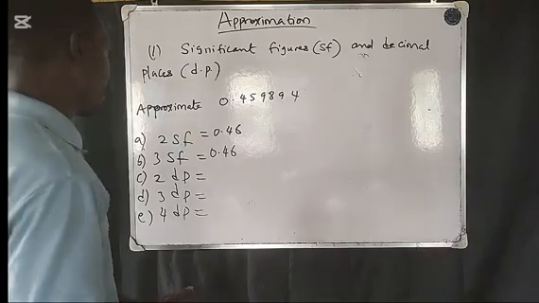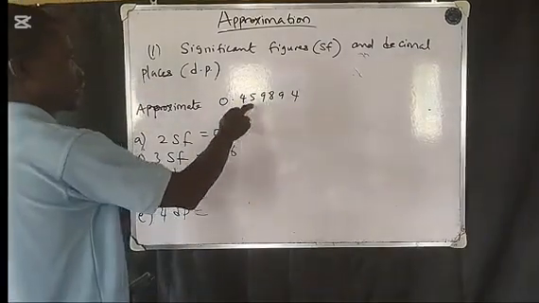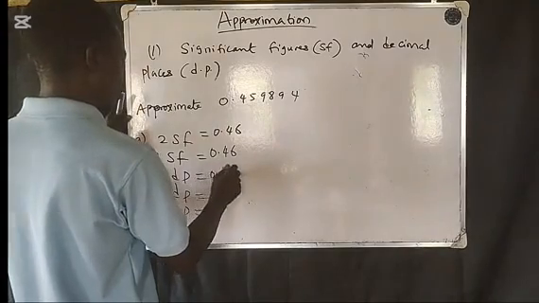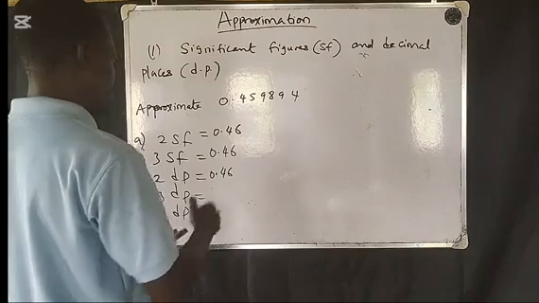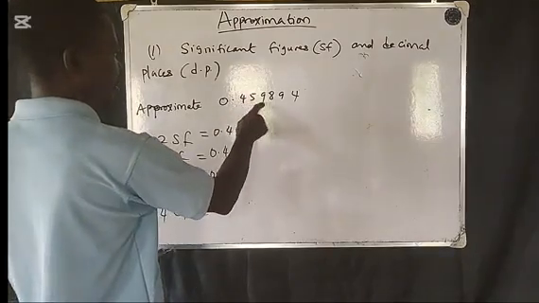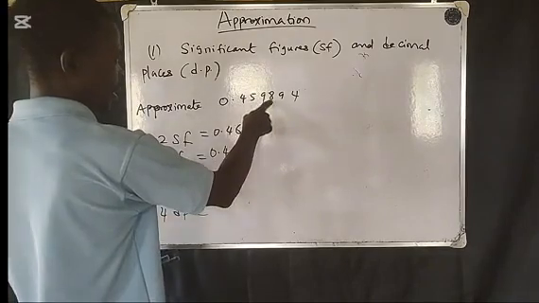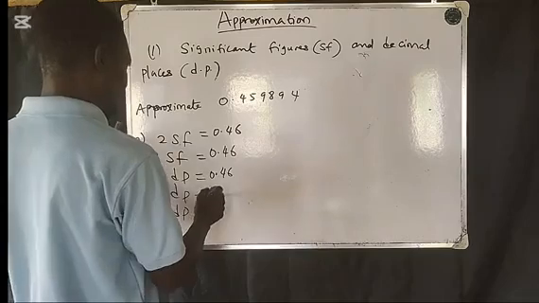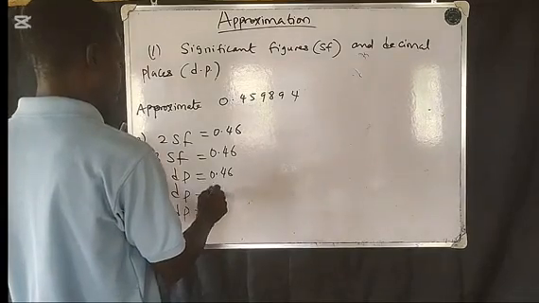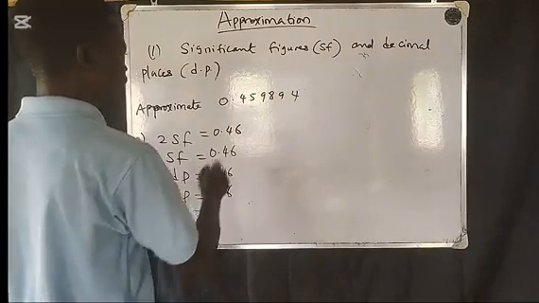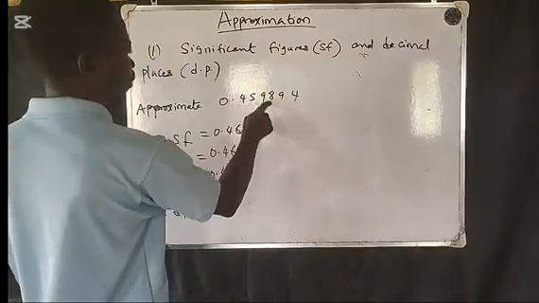Then to 2DP, 1, 2, right? So you now have 0.46 to 2DP. 3DP again, 1, 2, 3. Right? This is 8. You add 1. So it's giving us the same thing again for 3DP, 0.46. To 4DP, 1, 2, 3, 4.